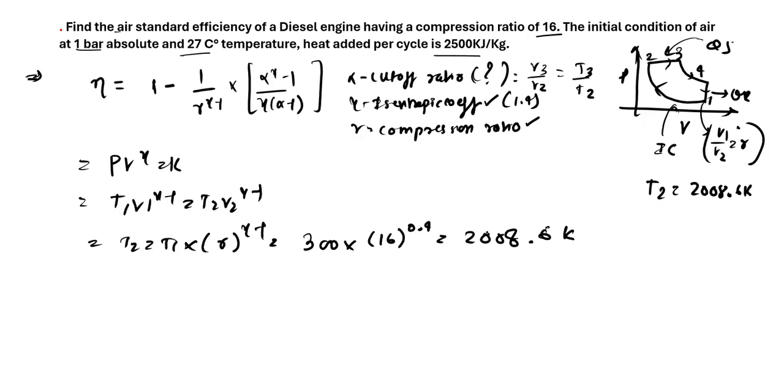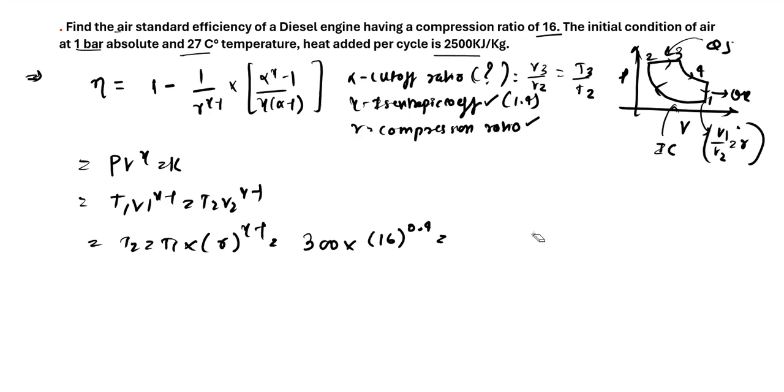Let us just calculate it once more: 16 to the power 0.4 into 300 should be 909.42. Sorry for the calculation mistake.